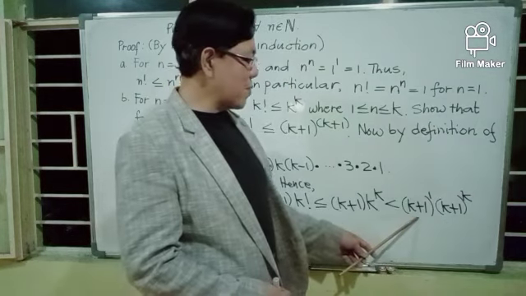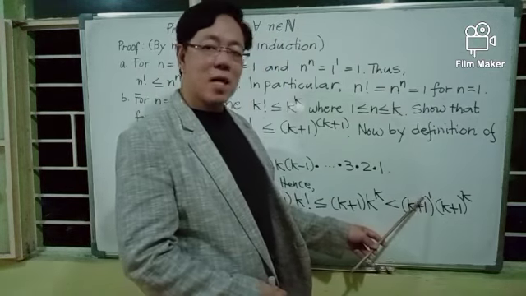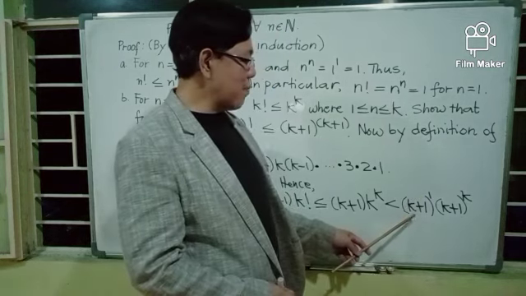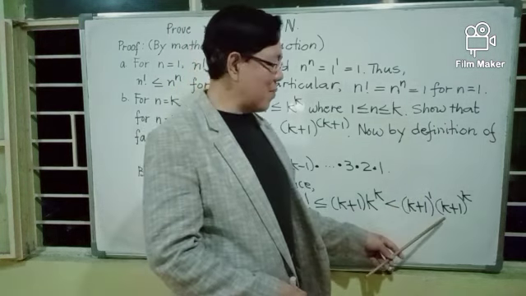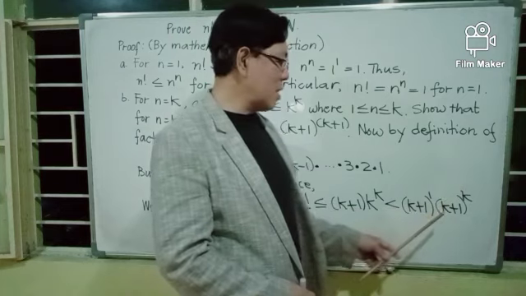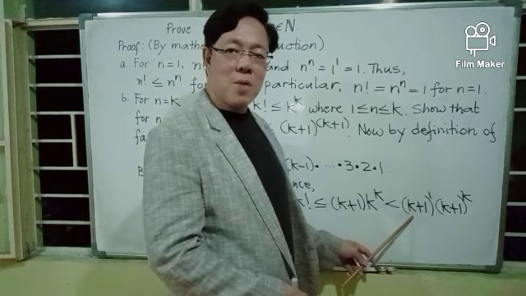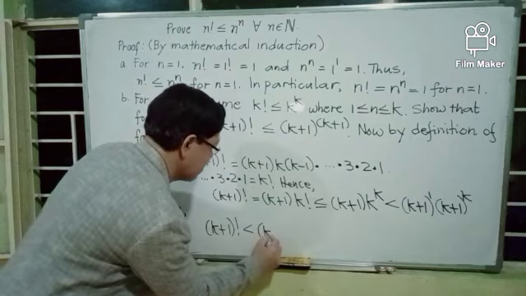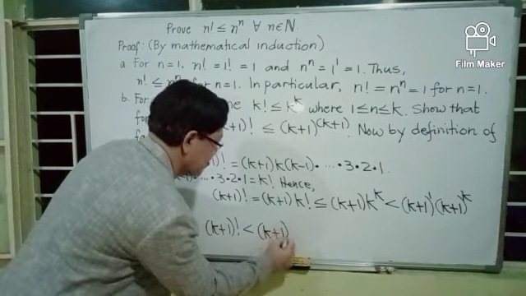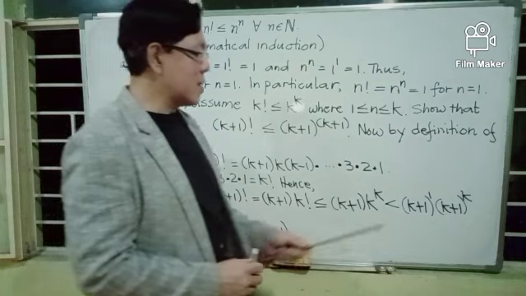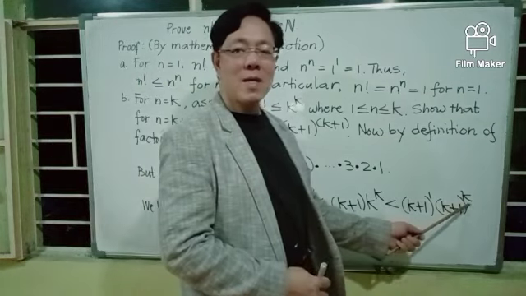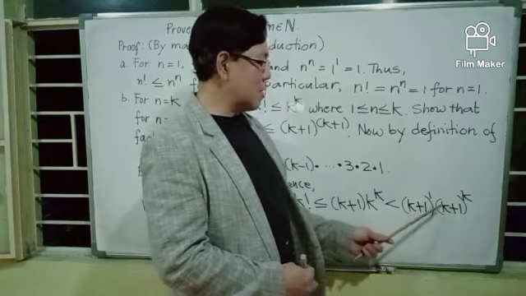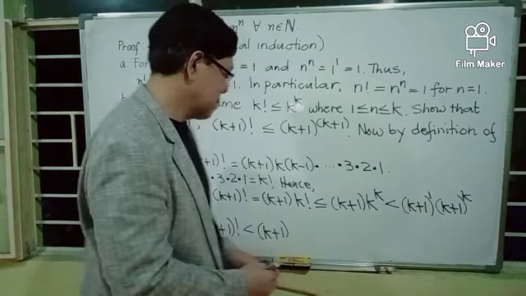With common base of k plus 1, we add the exponents of 1 and k. Hence, k plus 1 raised to 1 multiplied by k plus 1 to the power k is equal to the common base k plus 1, to the power, we add the exponents 1 plus k, or by commutative property of addition, k plus 1.